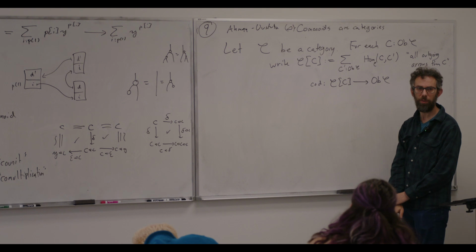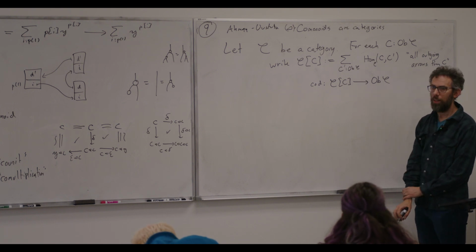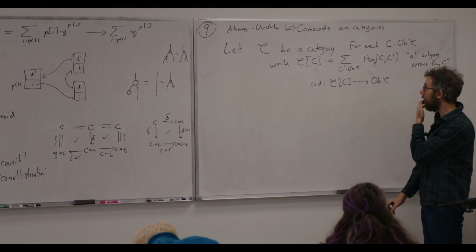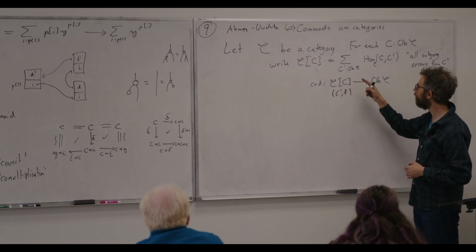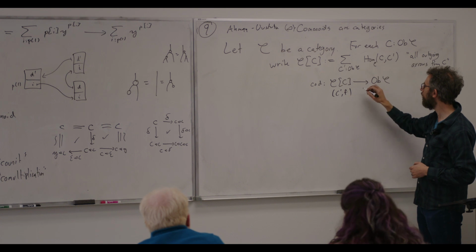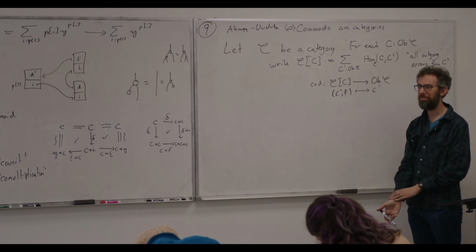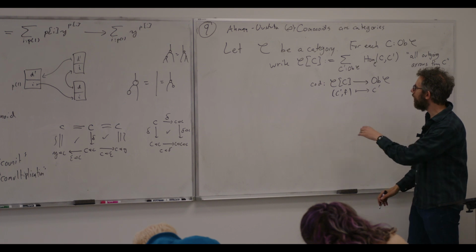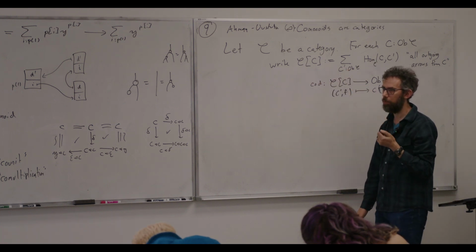Does everyone agree there's something called cod? Codomain of an arrow. This would send c prime, f, if I had an object and a morphism, to c prime. So this is all the outgoing arrows, and for any one of them, we can ask for its codomain.